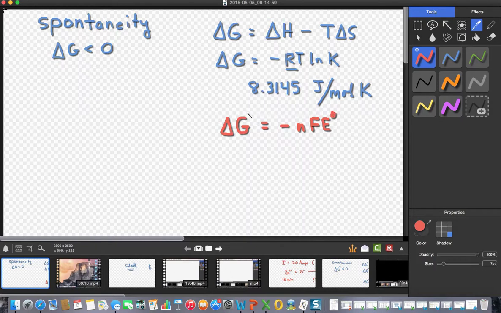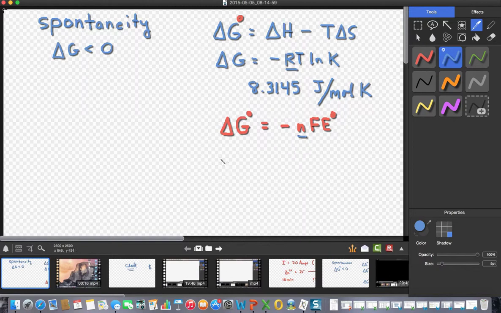Of course, this delta G is a standard state. This delta G is a standard state. This one, however, is not. This is derived from the law of mass action when the delta G of the standard state is equal to 0. So let's talk a little bit about some variables in this equation.